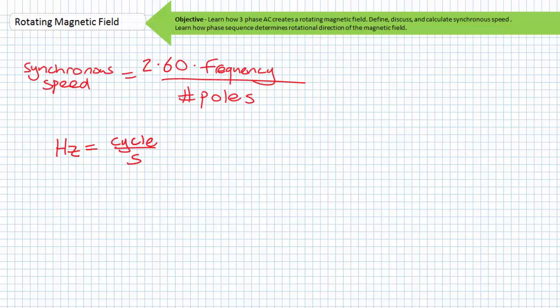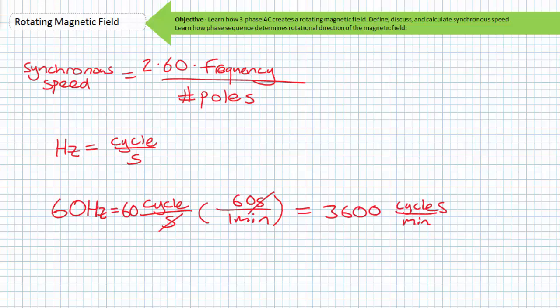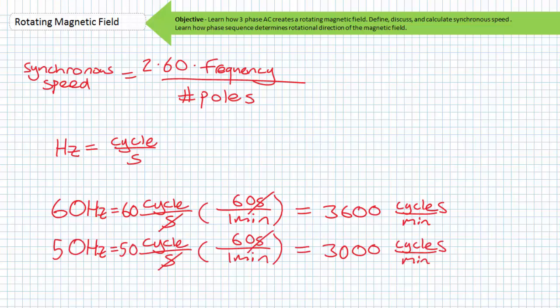Given this fact, the number of cycles per minute could be solved using a unit conversion, where 1 minute equals 60 seconds. A 60 Hertz waveform would therefore make 3,600 cycles per minute, and a 50 Hertz waveform would make 3,000 cycles per minute. It makes sense.